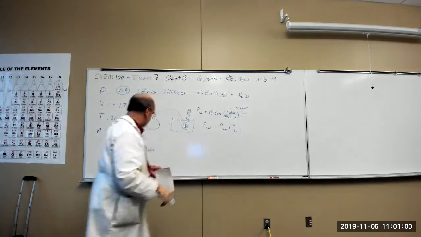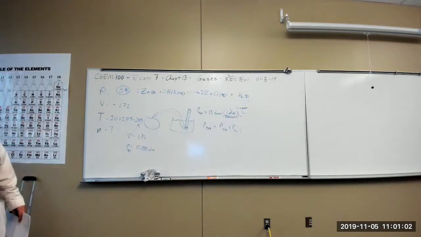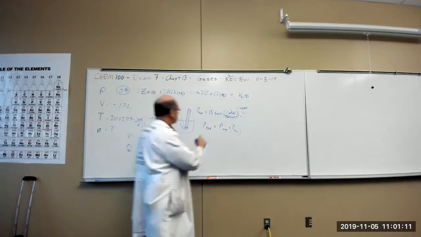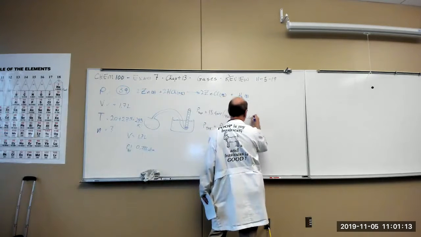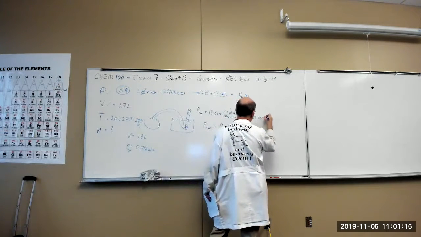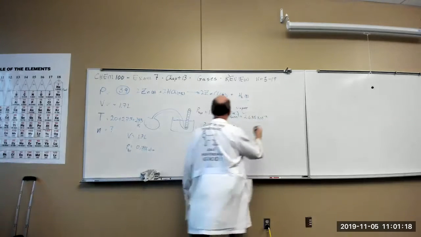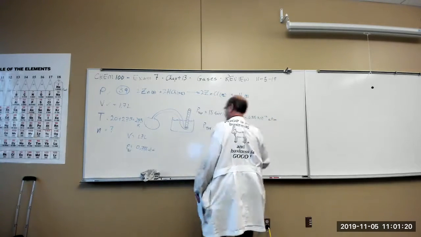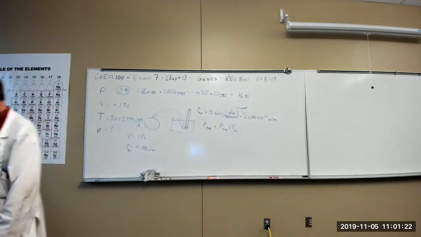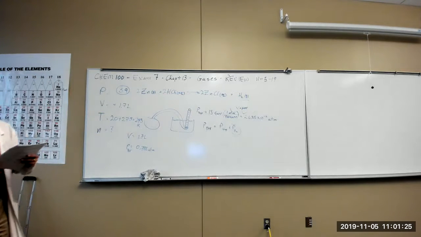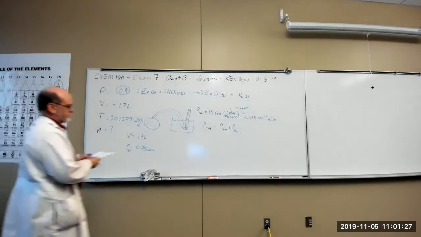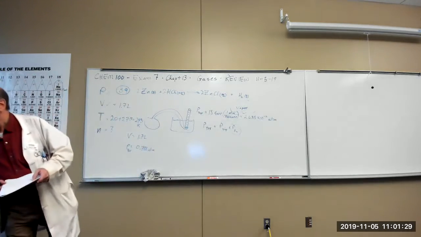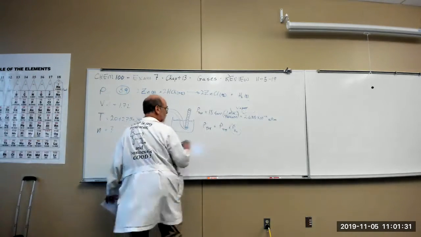So 18 divided by 760 is 2.368 times 10 to the minus 2 atmospheres. Right? No? 368. My dyslexia kicked in.